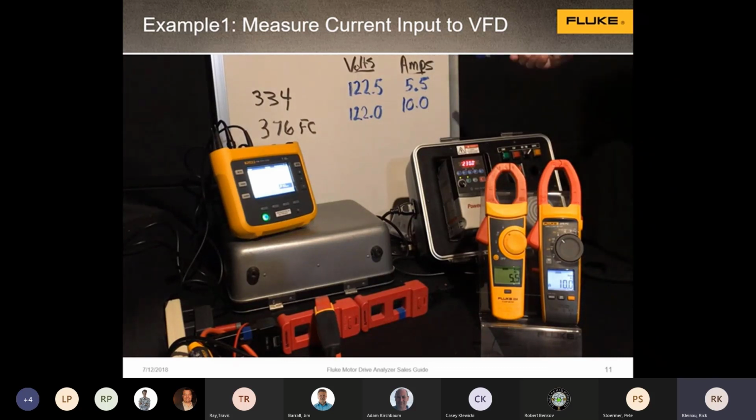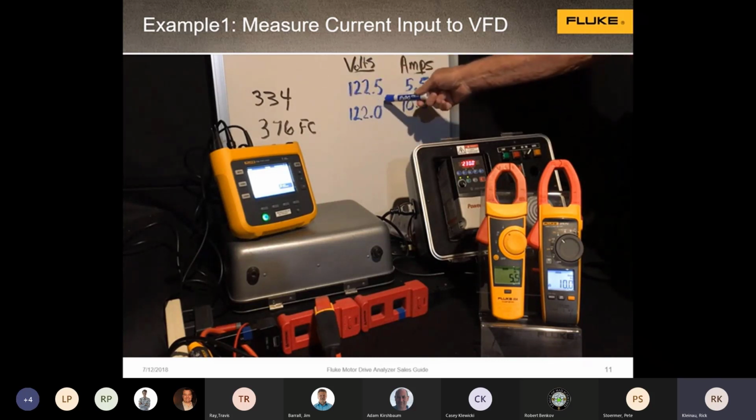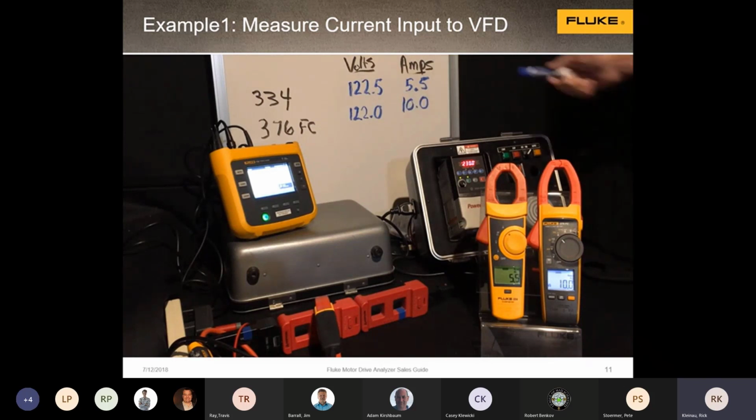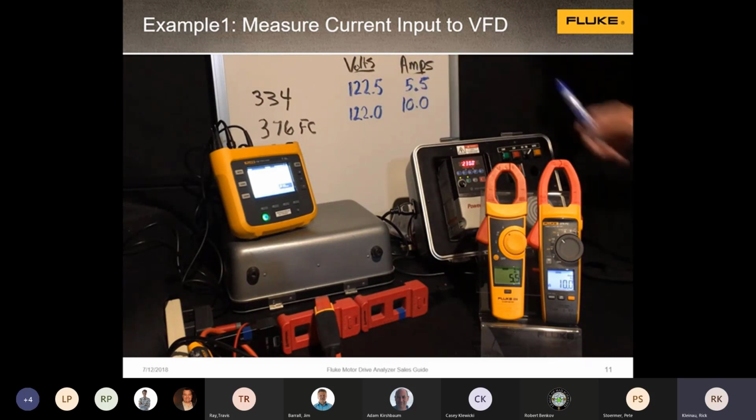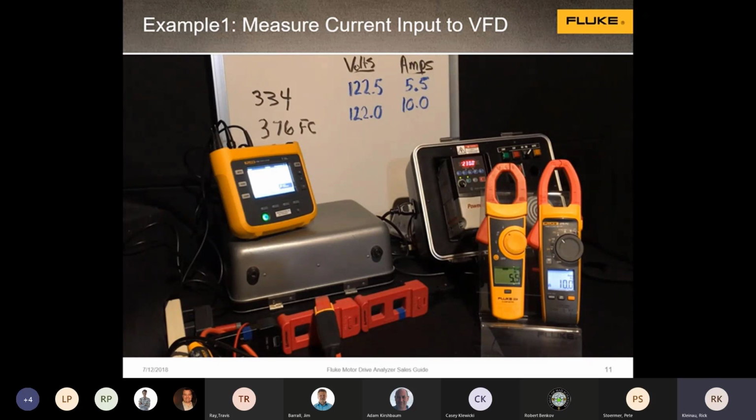So if you compare results, it looks like when we're measuring voltage, these things agree pretty closely, within half a volt. But when we measure amps, there's a large discrepancy, 10 amps versus 5.5 amps. Now's the time I wish we could just chat for a minute.